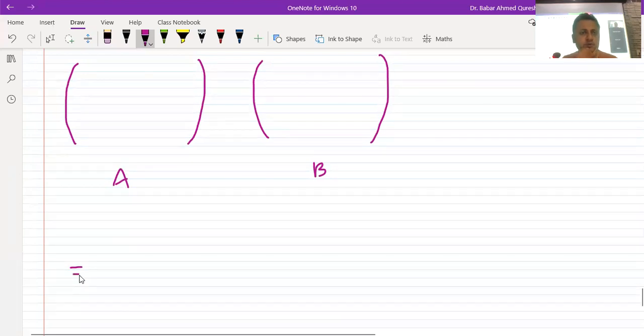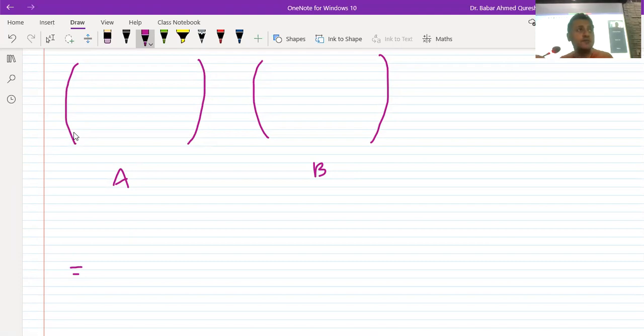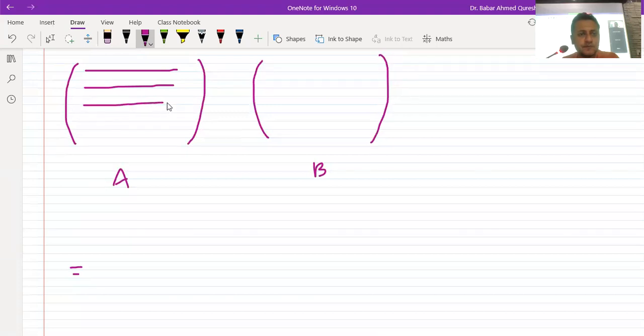Well, what can I do? One option I have is from what we have seen so far. That I think of it as a bunch of rows and think of this guy as a bunch of columns.